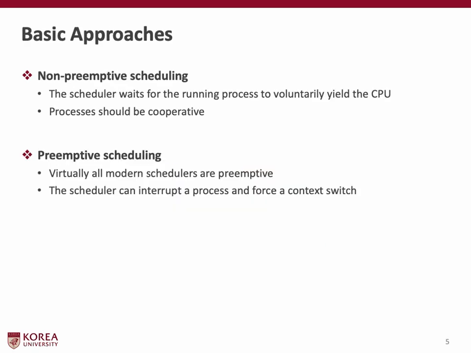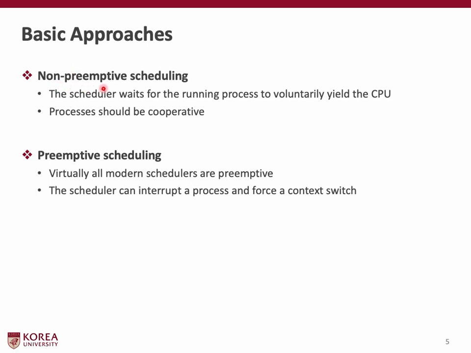Basically, scheduling can be performed in one of two approaches. One is called non-preemptive scheduling, and the other is preemptive scheduling. Last time I mentioned that context switching can happen in one of two ways: cooperative approach or non-cooperative approach. And depending on how context switching is handled, the type of scheduling used in the system is also determined.